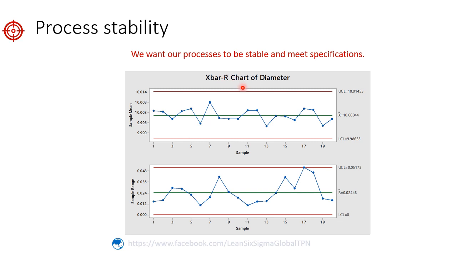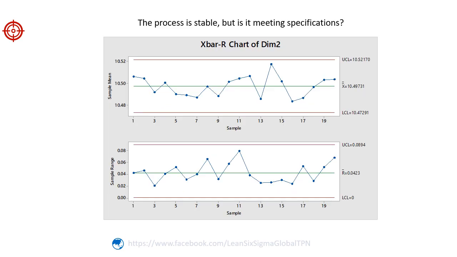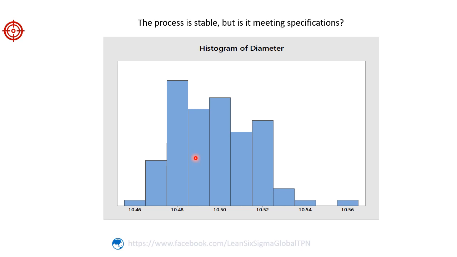The X-bar chart indicates that the variation in part dimension and part diameters is consistent over time. Not necessarily, this X-bar chart is stable over time, but look at the histogram of the past diameters used to create this chart.